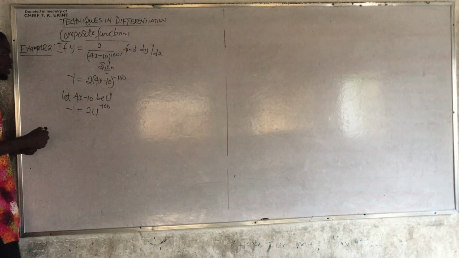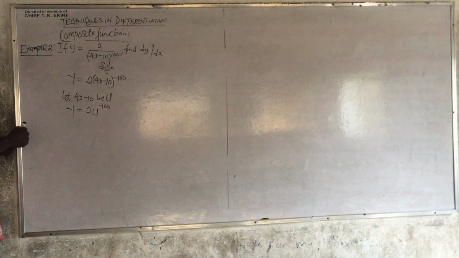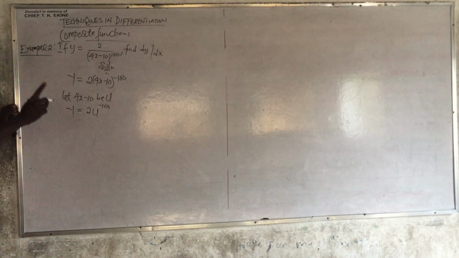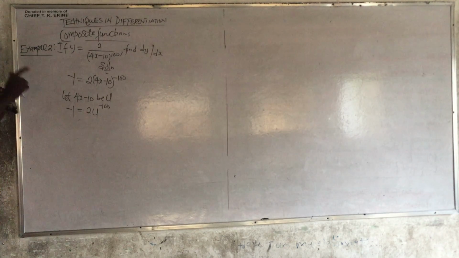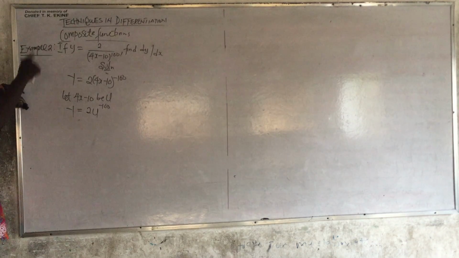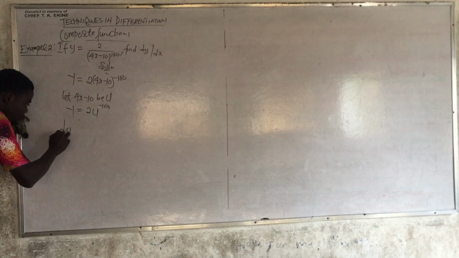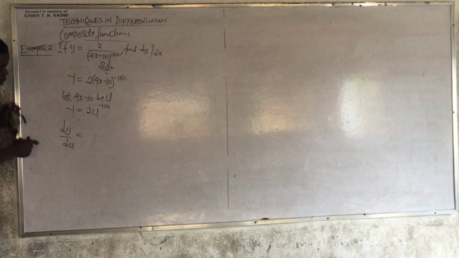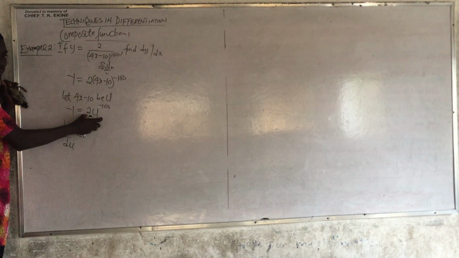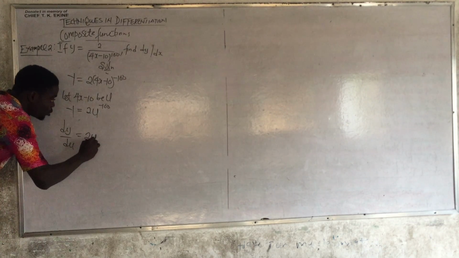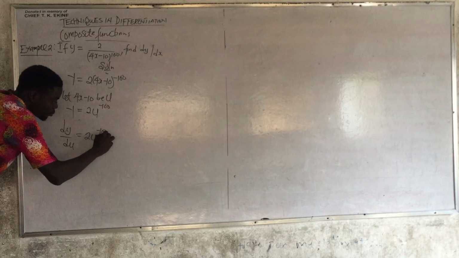You now start differentiating. Now, take note. If this is your y, you must get your dy/du first, because the chain rule is dy/du times du/dx. Your y is 2u raised to the power minus 100.